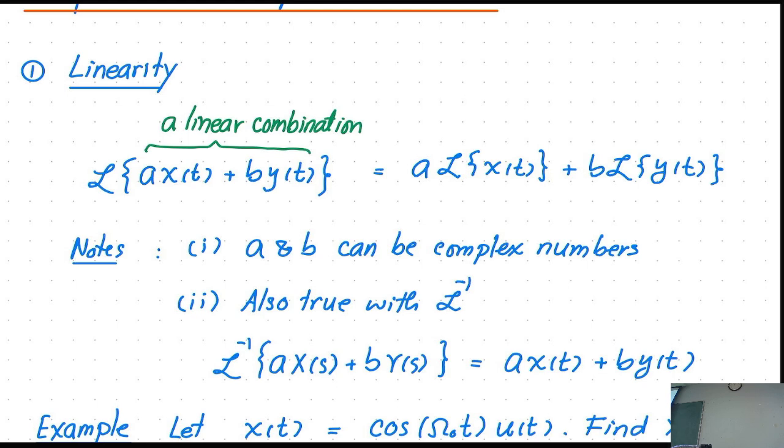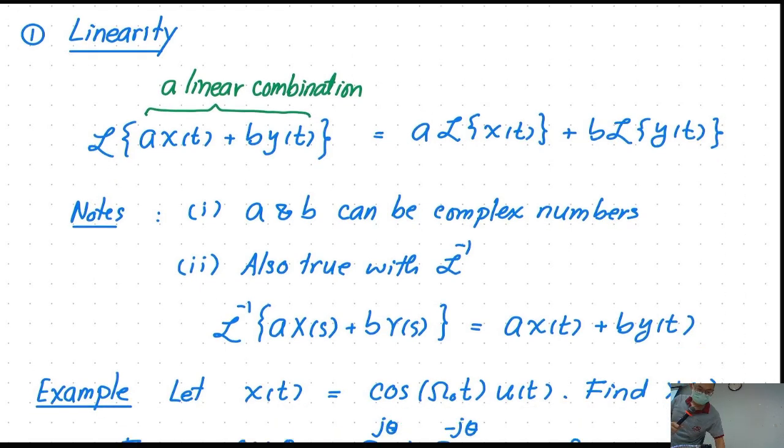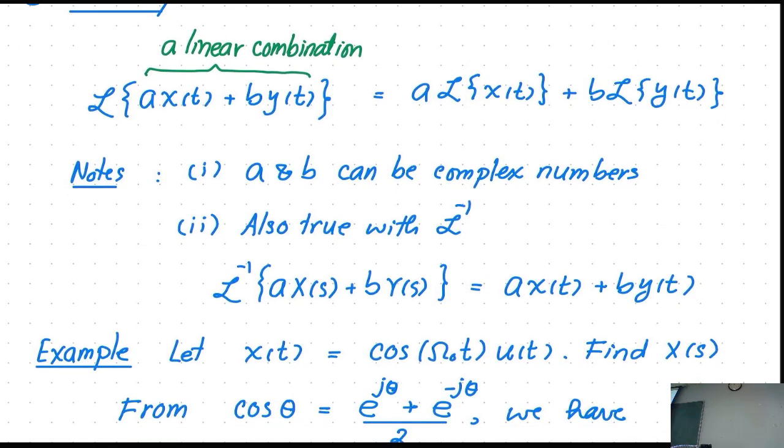In other words, you can simply take the operator L inside the parentheses: you apply L to x and L to y to get this. A and B are constants, which can be complex numbers. This is also true for the inverse Laplace transform: the inverse Laplace transform of the combination equals the combination of the inverse Laplace transforms.